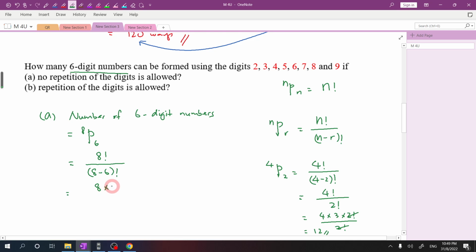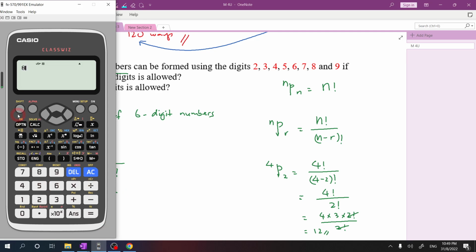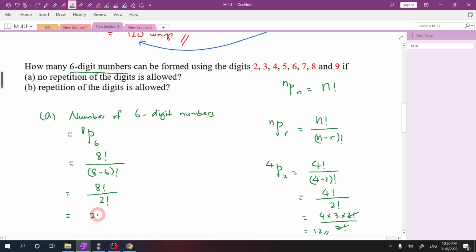I think we don't need to write this out, we can just press our calculator. 8 factorial divided by 2 factorial, which is equal to 20160.